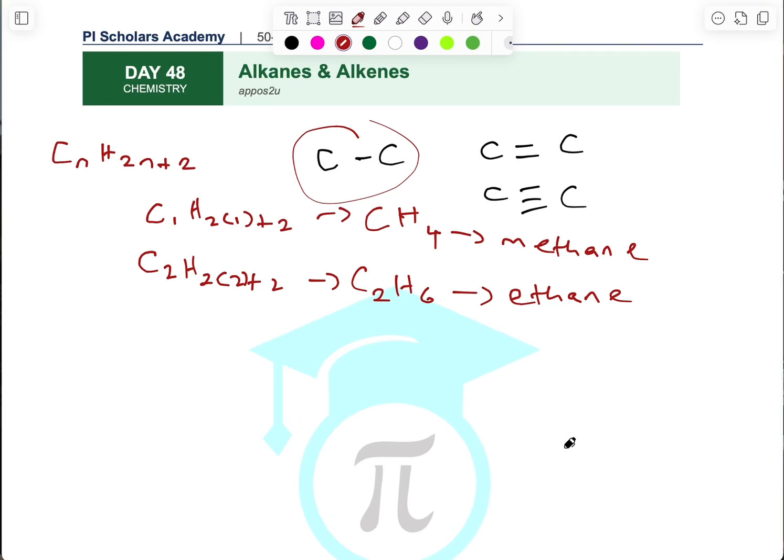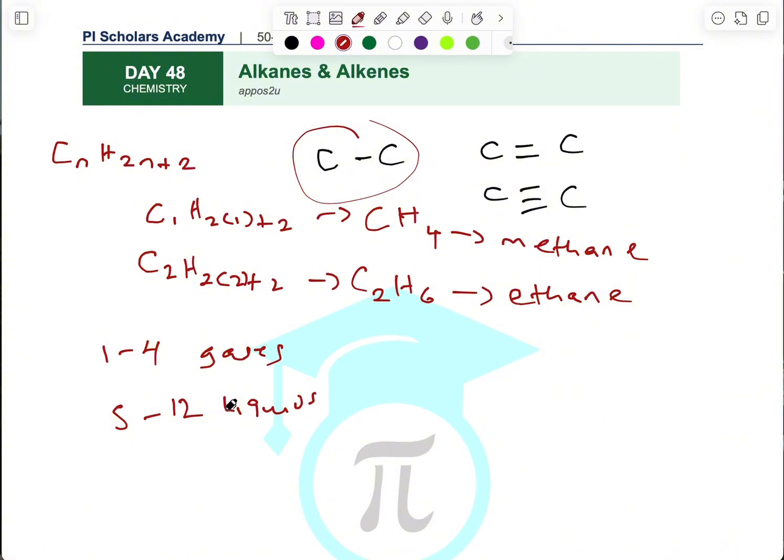Another thing you should know about them is that the first members, those that have 1 to 4 carbon atoms, exist as gases. Those that have from 5 to 12 carbon atoms exist as liquids, and anything above them exists as waxy solids.